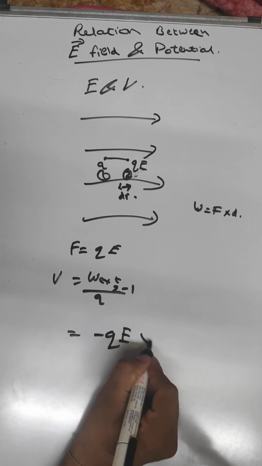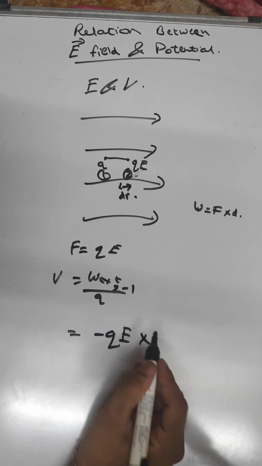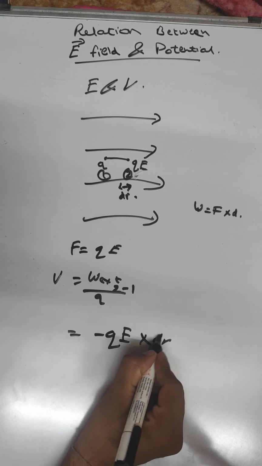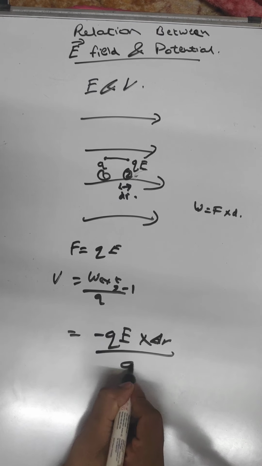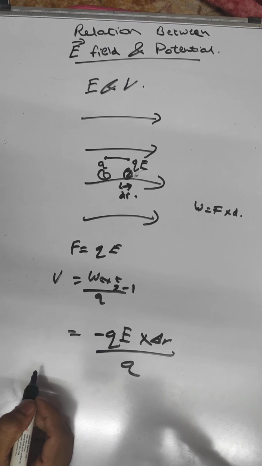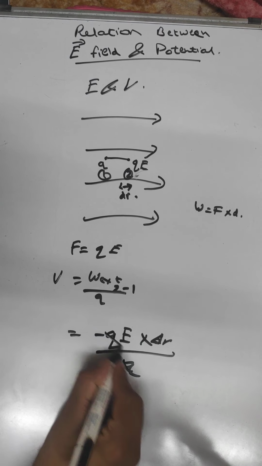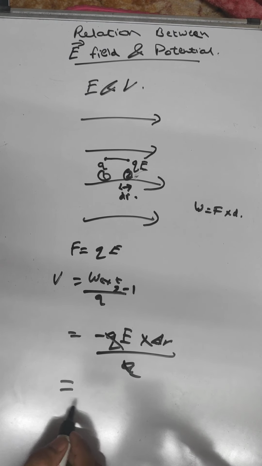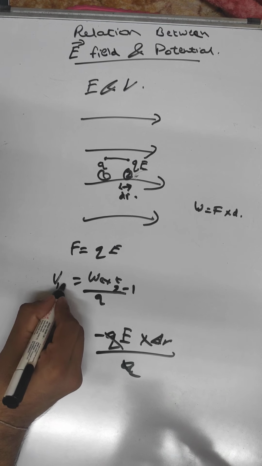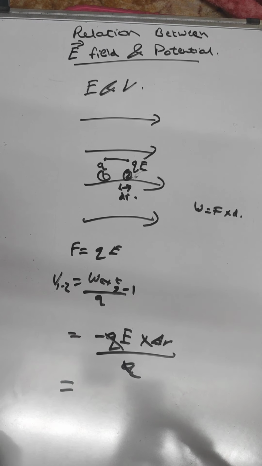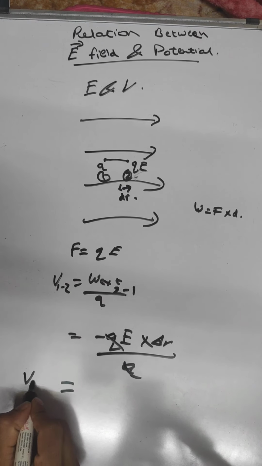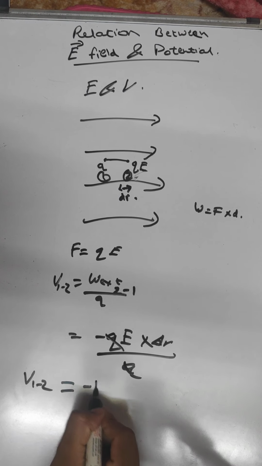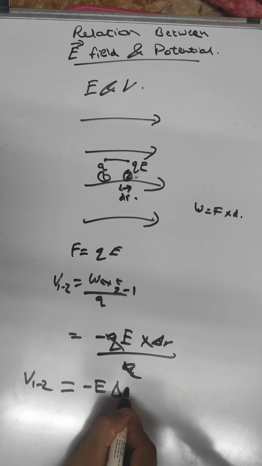Minus QE into delta x, or delta r, or dr, you can write, upon Q. So what does this mean? This Q will get cancelled, and ultimately I can write 1 to 2. So what will be my answer? V 1 to 2 will be equal to minus E delta R.